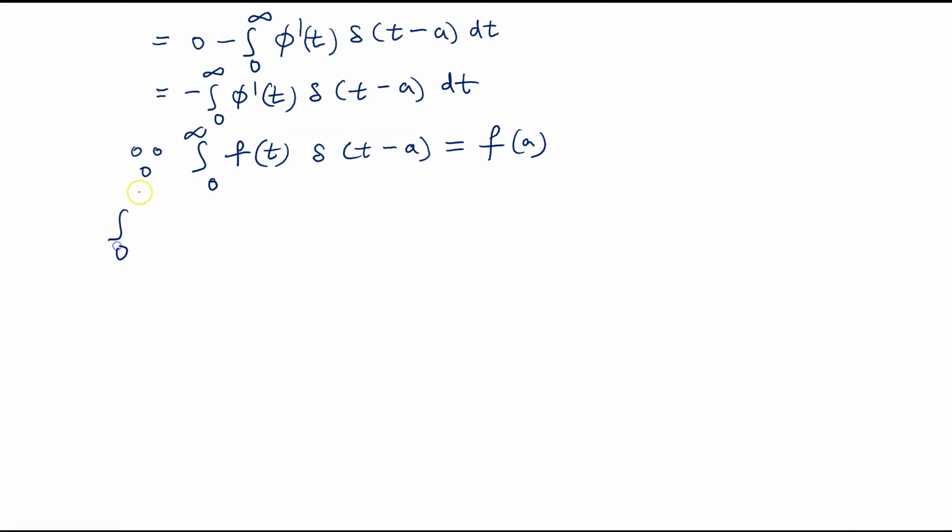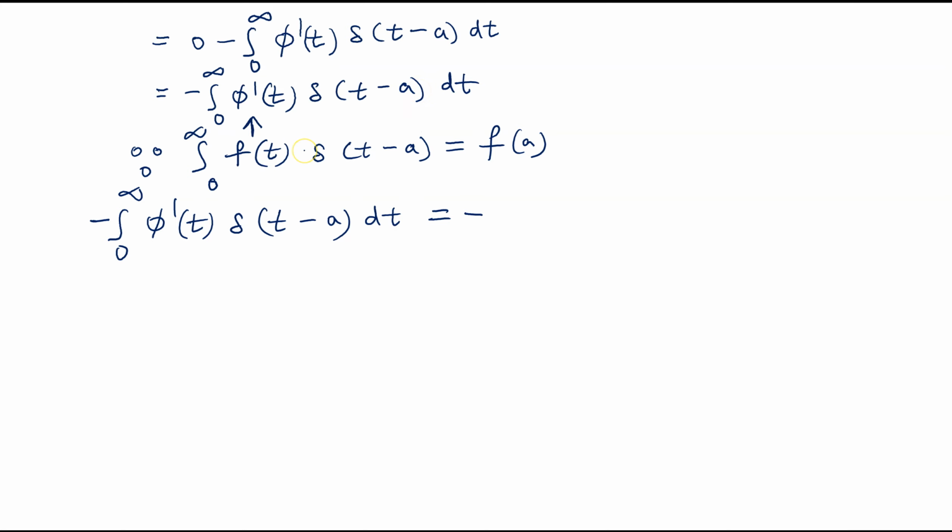Here integral 0 to infinity phi dash of t into delta of t minus a dt equals, you can take the minus sign also, minus of f of a. But in the place of f of a, here phi dash of t is there, and a is the same, not some other number.